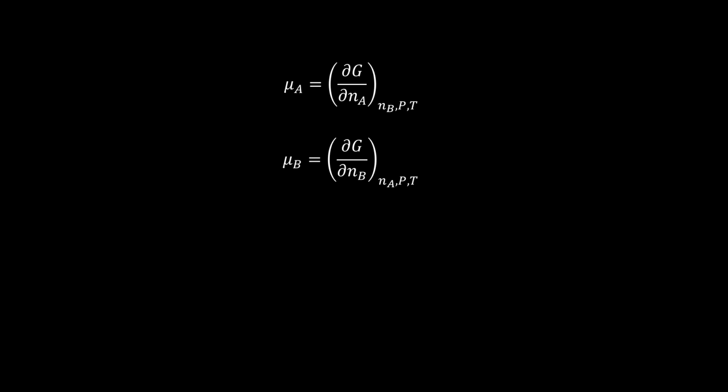Mu A: how much the Gibbs energy changes with respect to the amount of A at constant values of pressure and temperature and the amount of the other element B. Similarly, this is mu B. Gibbs energy change of the whole system is their weighted summation. All this may sound a bit vague now. Let's understand it in detail using some other way.